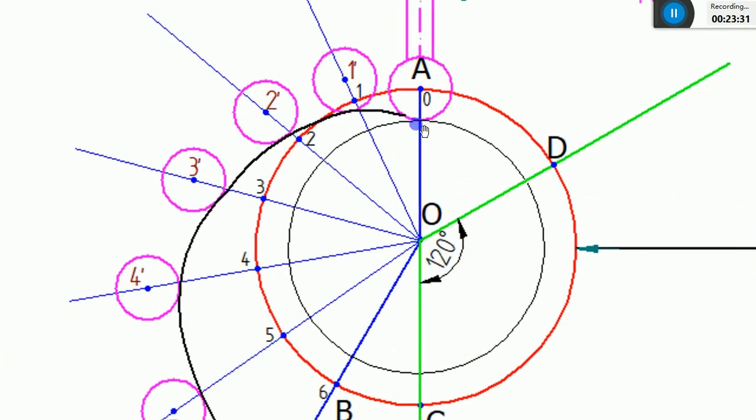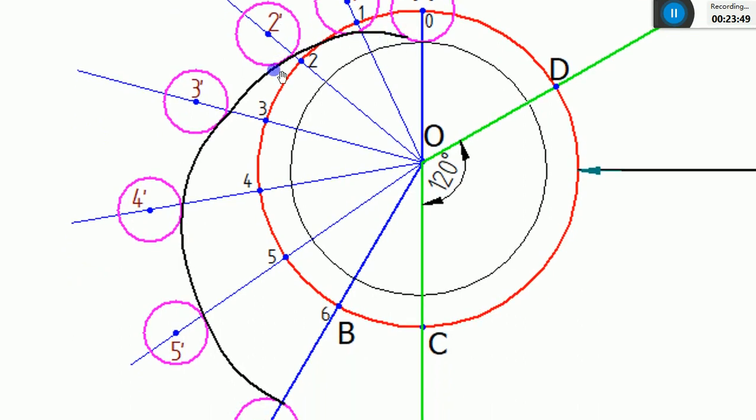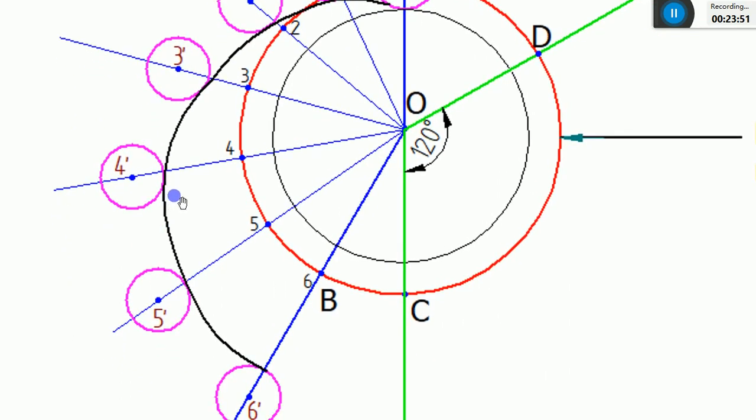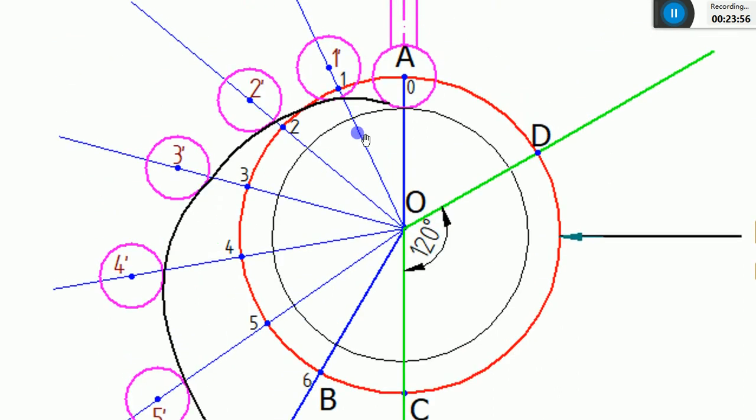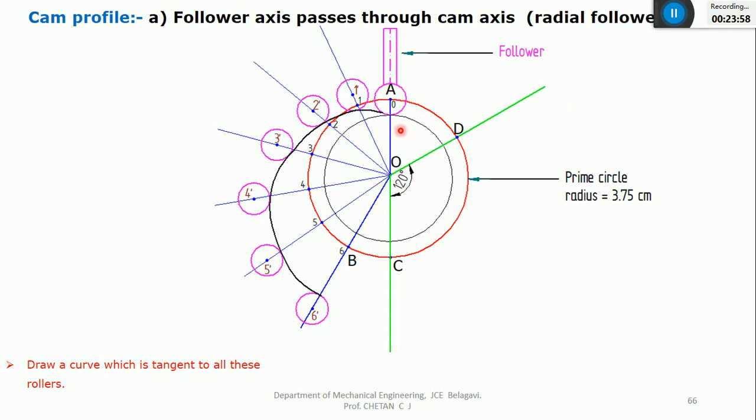Just start from this base circle, the end of this roller, or the intersection between this roller and this base circle. This is the first point, the starting point. Just draw a smooth curve in such a way that this cam profile will be tangent to all these roller circles. That is the only change. And this is the cam profile for only the outstroke angle, that is for 150.